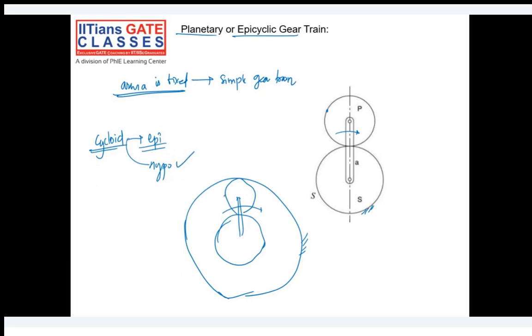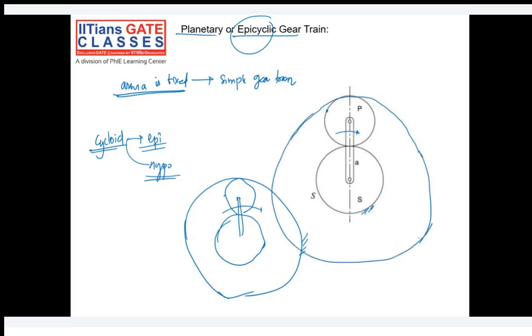Even if it is called an epicycloid gear train, there is a possibility that you have a fixed gear outside this gear train, or it is moving, depending on what kind of motion you want.